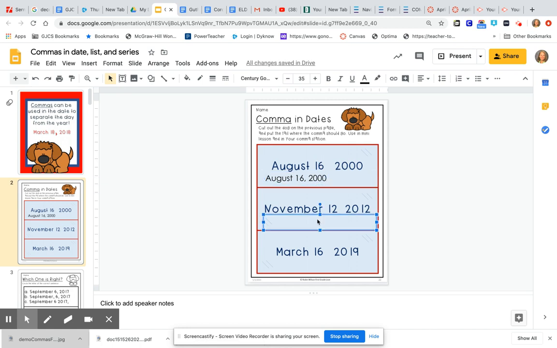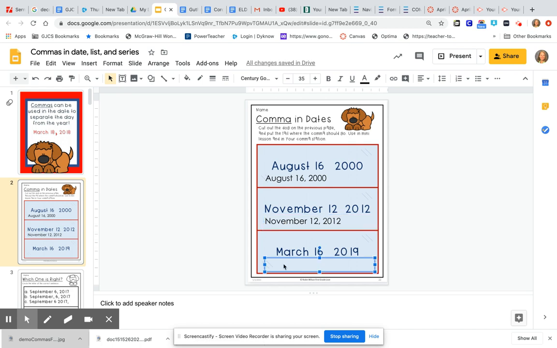So when I have November 12th, 2012, I'm going to have my capital letter at the beginning of November, and then a space. I'm going to put 12 after the day of the month. Remember, I'm going to add a comma. The comma is by the M, and then I'm going to have another space. Then I'm going to say 2012. Okay.